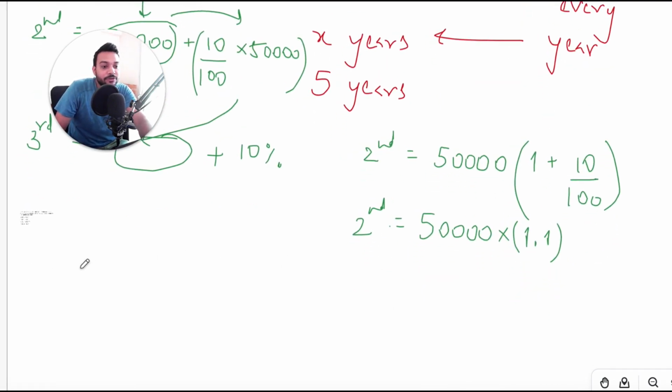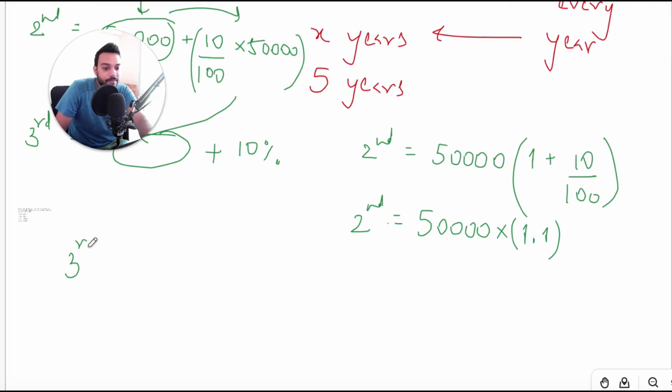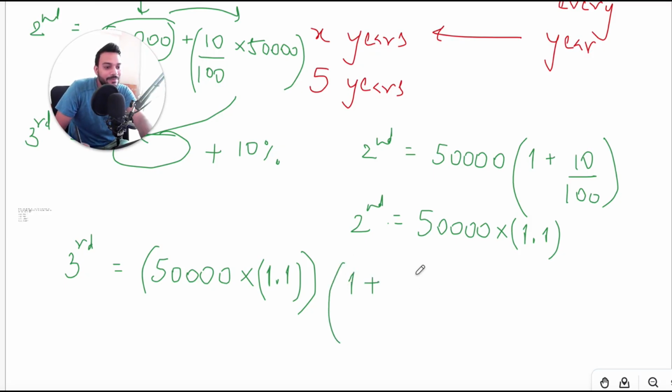Now for the third year, this becomes the initial value, 50,000 times 1.1, and then this whole thing increases by 10%. So I can definitely write directly 1 plus 10 over 100.